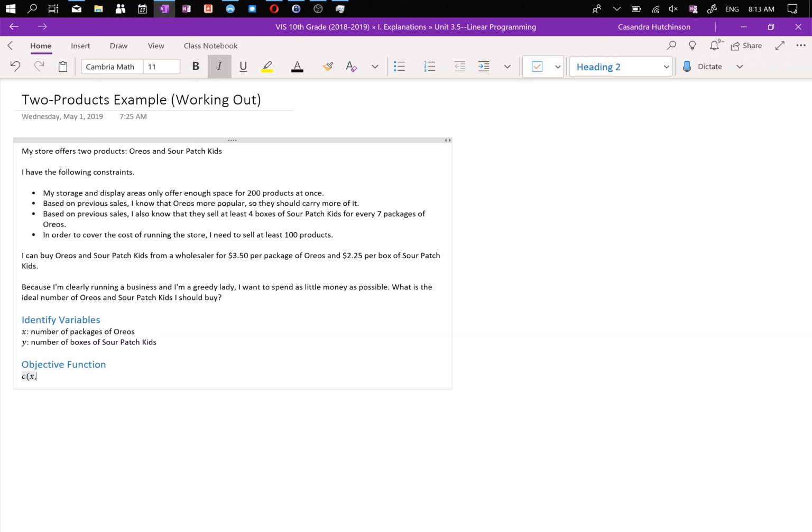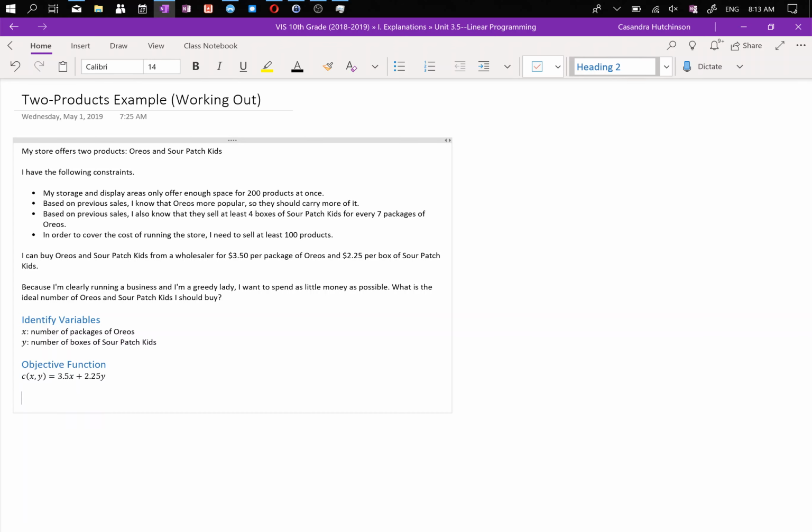So it's a function of X and Y. The amount of money I spend depends on both the Oreos and the Sour Patch Kids. And then the question is, what is the cost? Well, for every package of Oreos, it's 3.5, and for every box of Sour Patch Kids, it's 2.25. So it's always price times quantity, adding them all together.